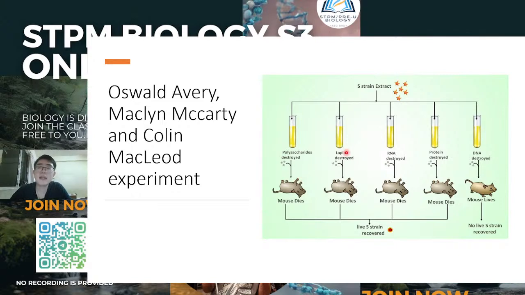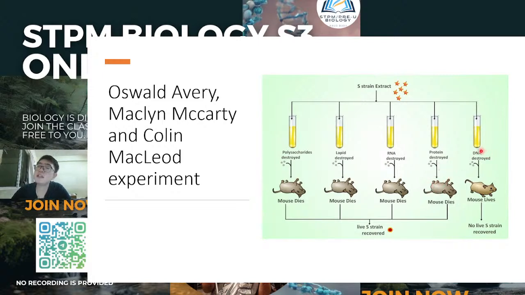And then when it destroyed all the lipid, hydrolyzing all the lipid material, the mouse also died. Then it destroyed all the RNA, with the others remaining, and the mouse also died. And when it destroyed all the protein, with the others remaining, the mouse also died.